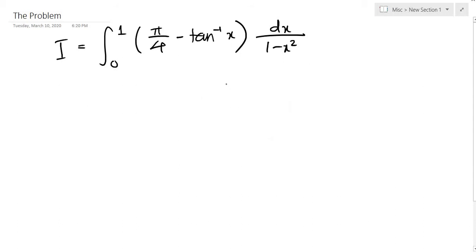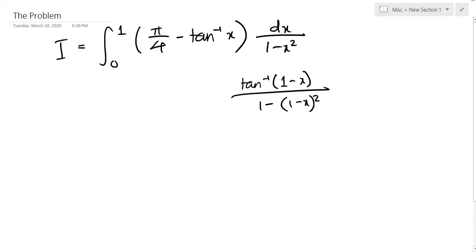Why don't we try exploiting symmetry? Well, if we try to do that, instead of x we'll have to substitute 1 plus 0 minus x. So we'll have the inverse tangent of, say, 1 minus x, and in the denominator we'll have 1 minus x, the whole thing squared.